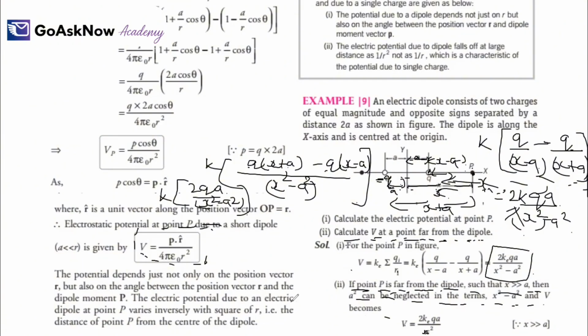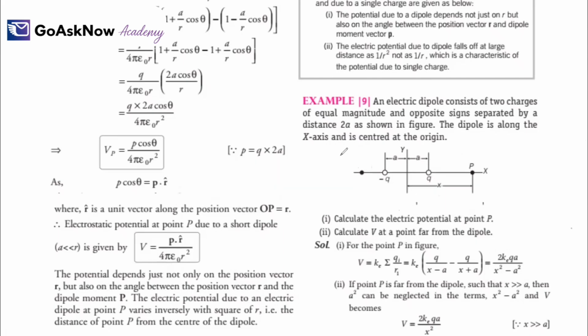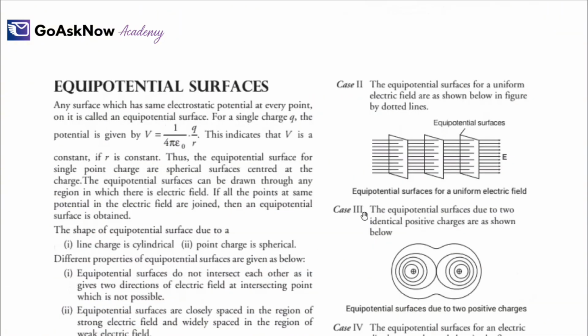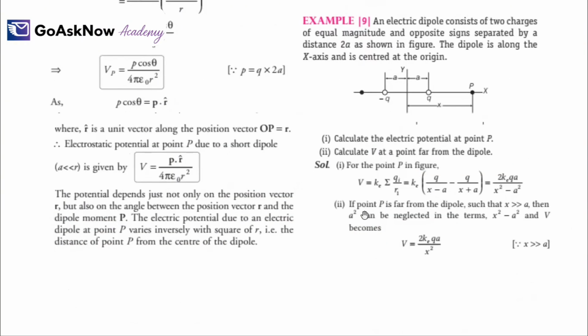So your expression will become 2kqa upon x square. This is the answer to the second part. I hope you got the questions which I have told you today, and also how the concepts of dipole work. Let's move further and see the next topic.